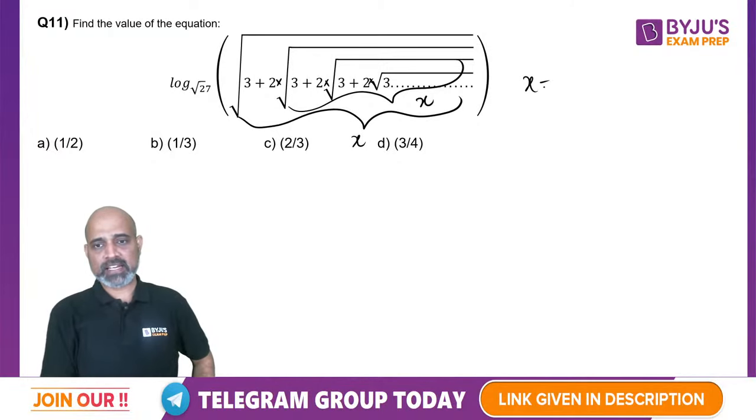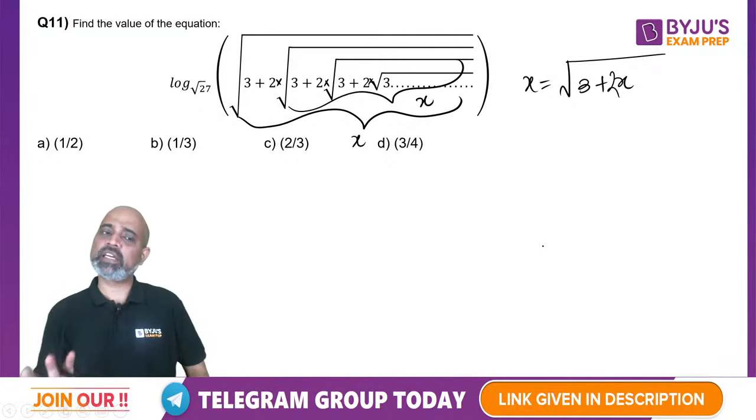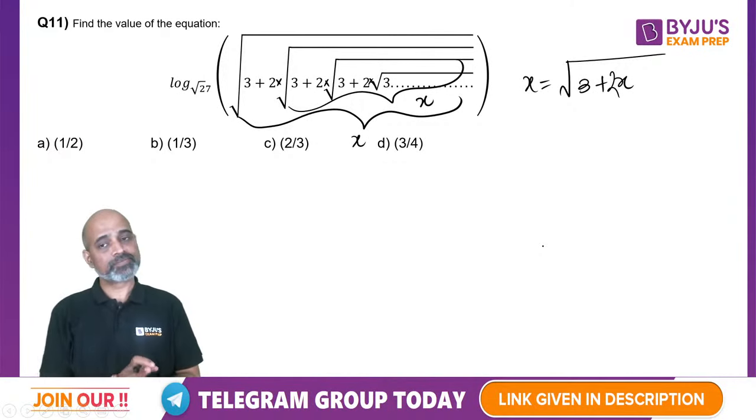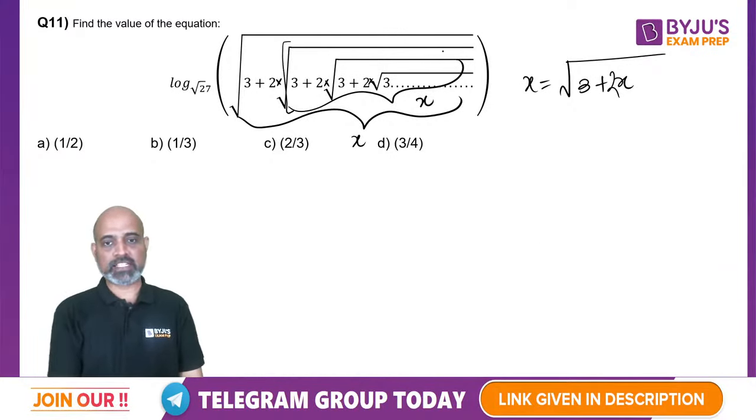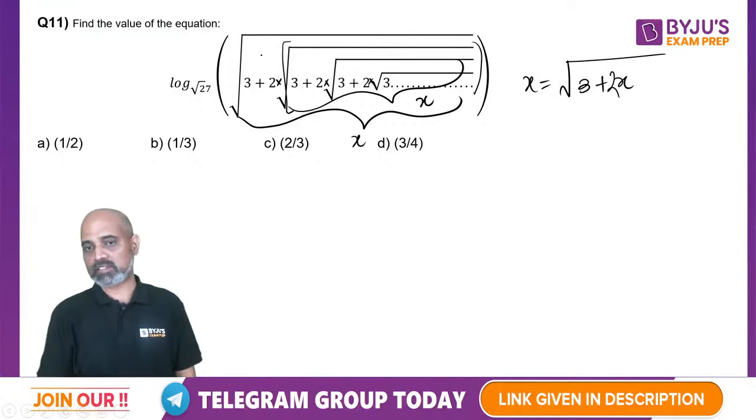So, can we say that x is equal to whole under root 3 plus 2x? Can we write it like this? Tell me just this. Is it possible? Right? From this bracket, can we say this bracket is the same as the original bracket which I've assumed as x?